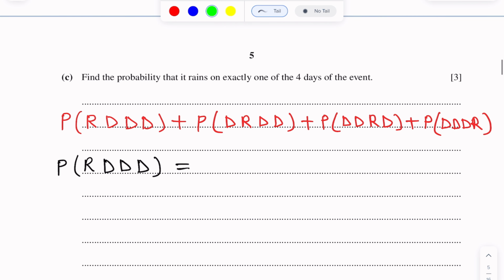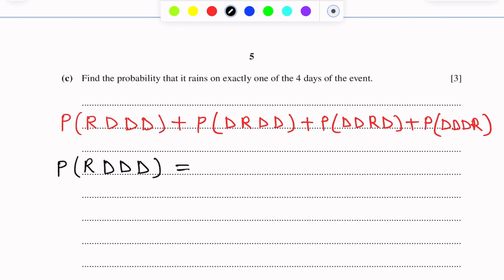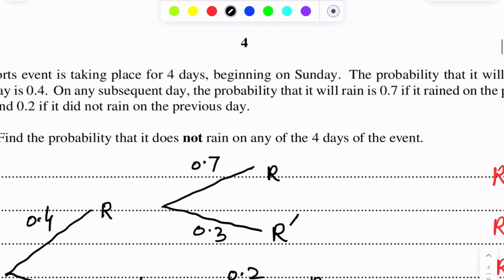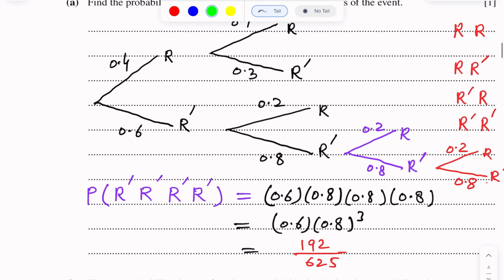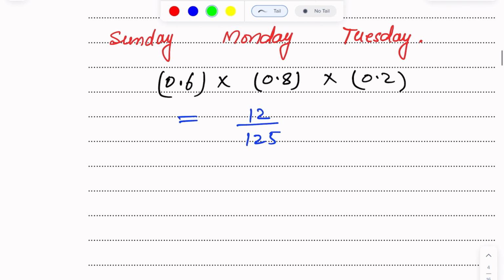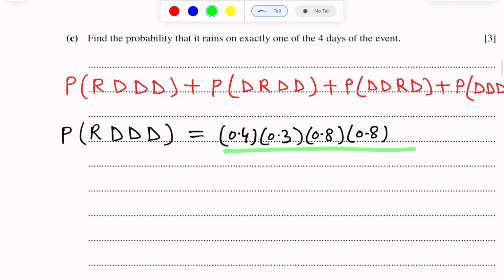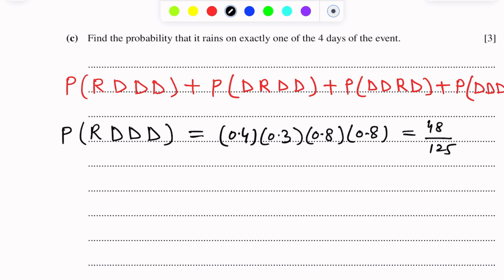So 0.4 into 0.3 into 0.8, next is also 0.8. You have to follow the statement of the question and this tree diagram. After simplifying it, we get 48 over 125.